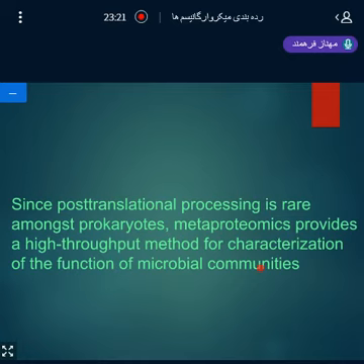We can study post-translational processing in prokaryotes with metaproteomics, and then we can characterize the proteins.